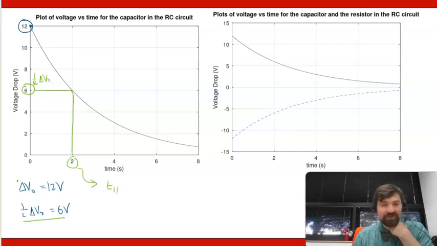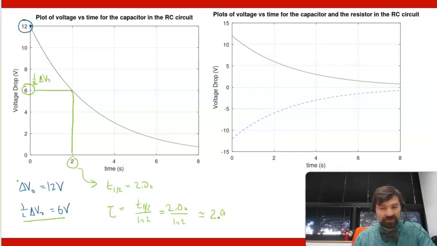So T1/2 is 2.0 seconds. And that means that tau will be that half-life, T1/2, divided by the natural log of 2. So that's 2 seconds divided by natural log of 2. That gives us, again, about 2.9 seconds.